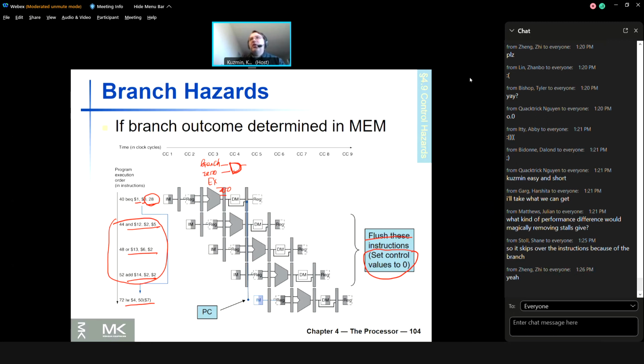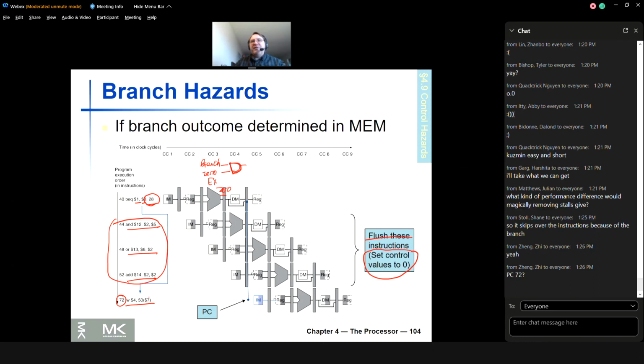So it skips over the instructions because of the branch. Correct. Yes. All right, so can someone tell me where this 72 is coming from? Why is this value 72? PC 72, yes.